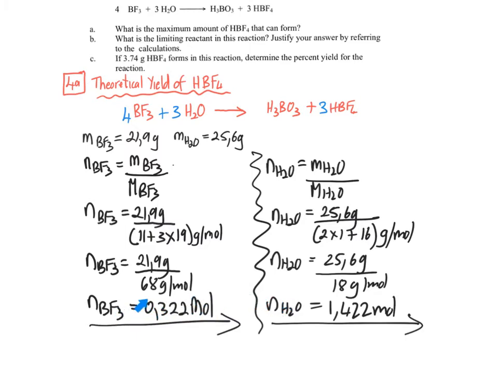By scenarios, we're going to first look at assuming boron fluoride to be fully used up, and then scenario 2 would be the water being fully used up, and then seeing which one of the scenarios works out, and hence we can work out which one is the limiting reactant or reagent, and then what is the theoretical yield of HBF4. So I'm going to encourage you to pause the video now and give it a try before you see my solution.